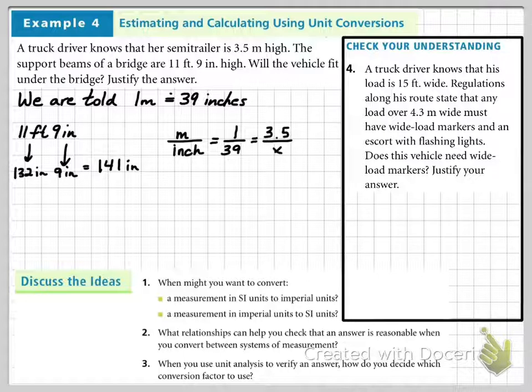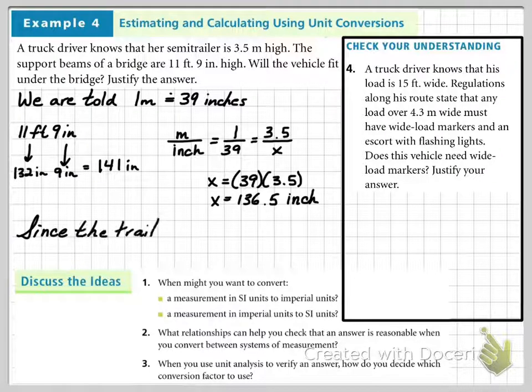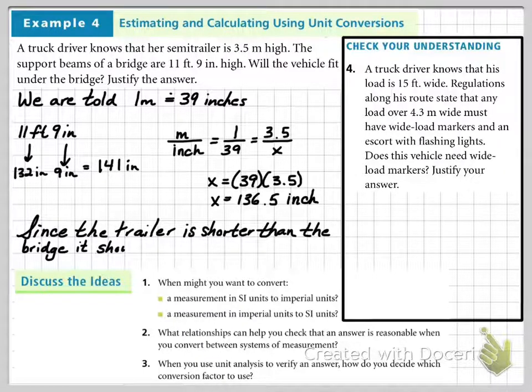So that means 3.5 meters is going to be how many inches tall? Cross multiplying 39 times 3.5, x is going to equal 136.5 inches. So now we know that the bridge is 141 inches tall and her truck is 136.5 inches tall, and since the trailer is shorter than the bridge, she's okay. She should fit under.